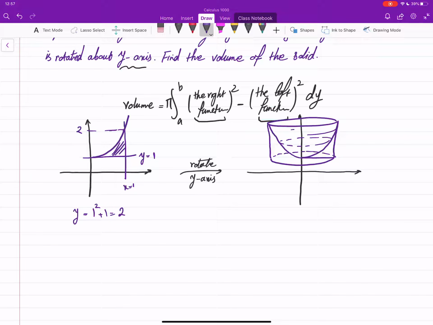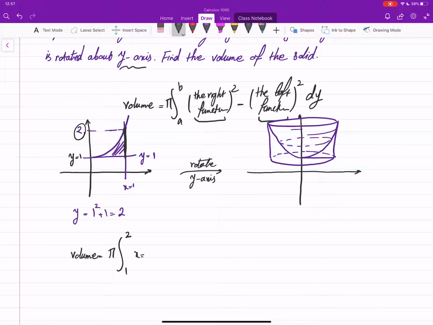So it is a cylinder. We have taken out a ball from that. So this way the volume is going to be pi. We are going to always have a pi from what bounds of y. So from 1 to 2, the right function is x equal to 1.